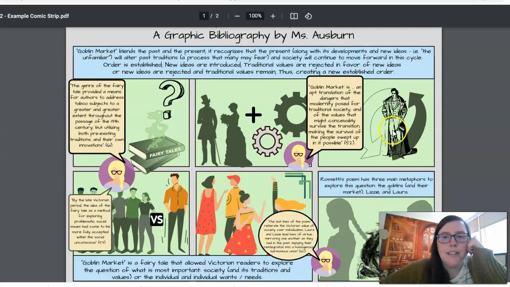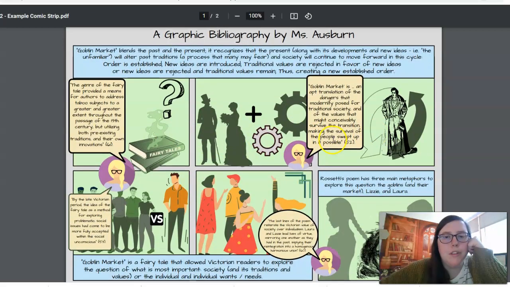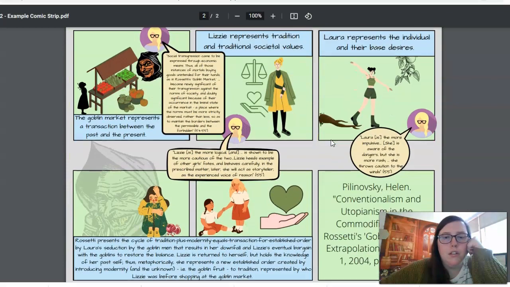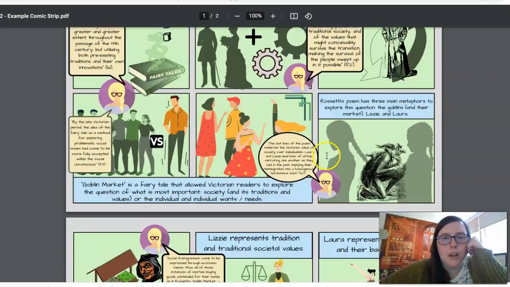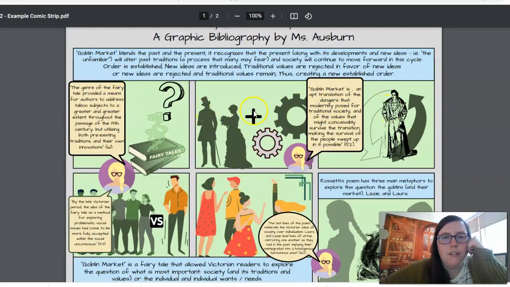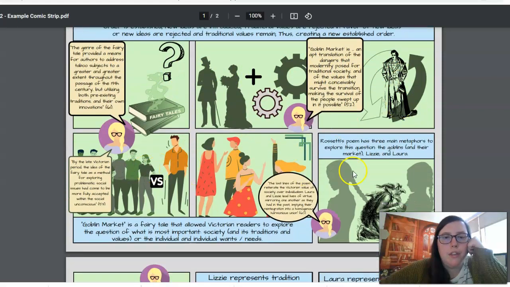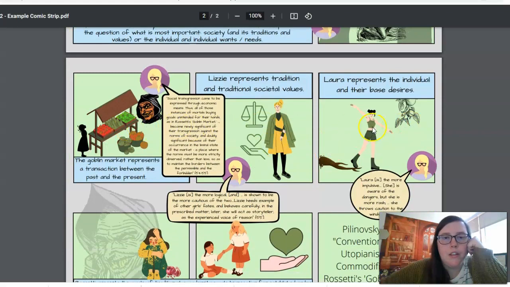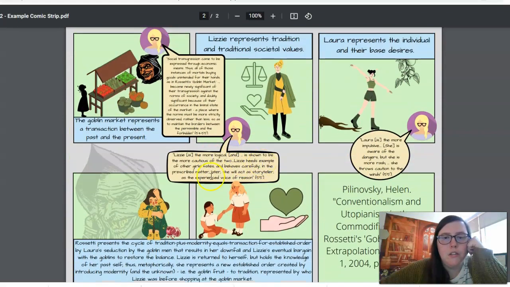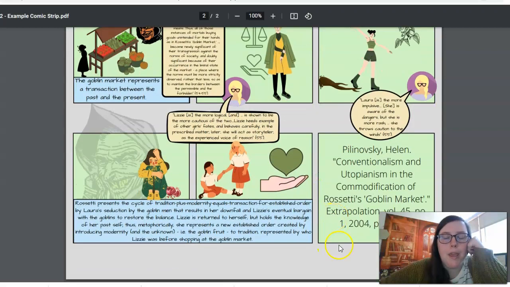So what I'm looking for is at least 9 of these. In the example there are, I believe, 11 or 12. So 3 on the very top row, 3 at the bottom of page 1, 3 at the top of page 2, and then 2 or 3, however you want to think of it, at the bottom of page 2.